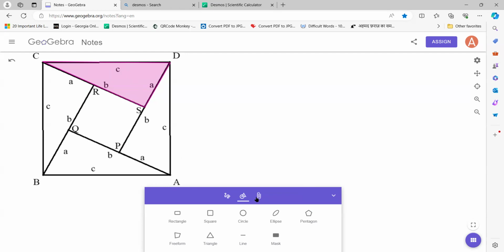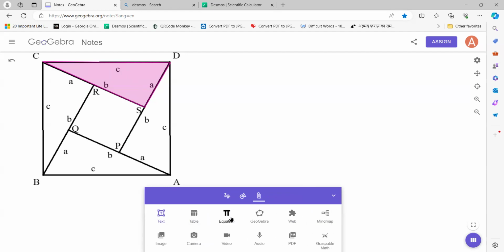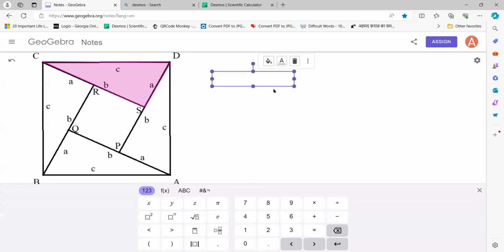So let's do that. What's the area of the big square? It's simply C squared. Now, this must equal the area of the little square, which has to be B minus A squared, because each side of the little square, PQRS, is B minus A.